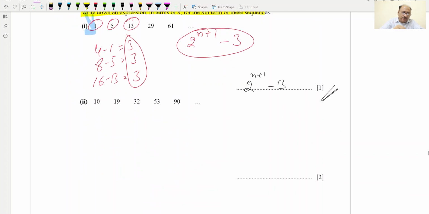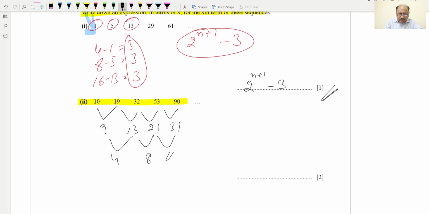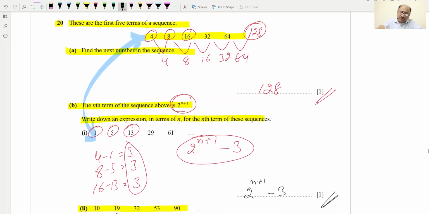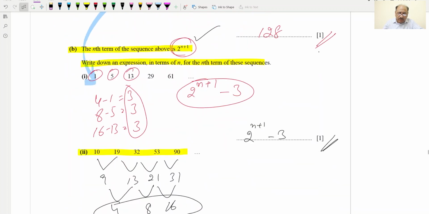Hopefully you understood this. Now they're saying this one, this is the second term. So by using the same thing, for example, if we check the difference, this will be 9, then 13, then 21 and 37, and difference of the difference is 4, 8 and 16. So 4, 8 and 16 is the same sequence which we have here in part A, for which we have this 2 raised to n plus 1.